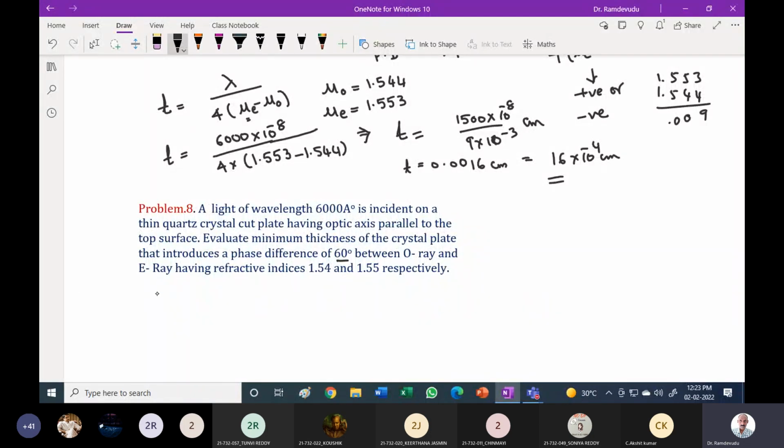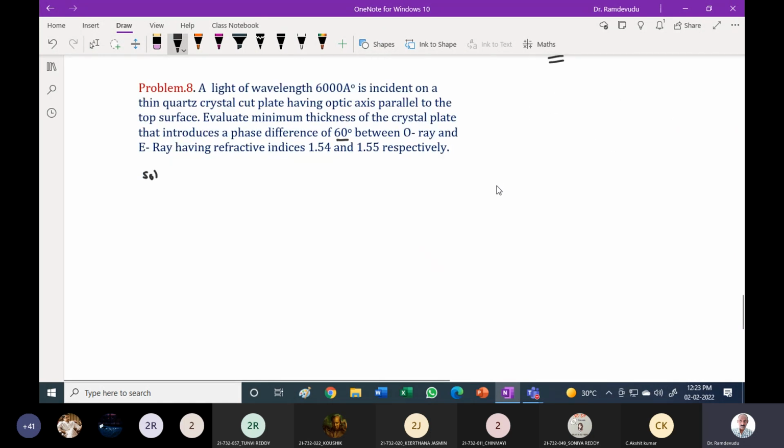Whatever values they have given, I'll write here. Solution: we have lambda equal to 6000 into 10 to the power minus 8 centimeters. They have given mu naught for the O ray as 1.54, and mu E for the E ray as 1.55.